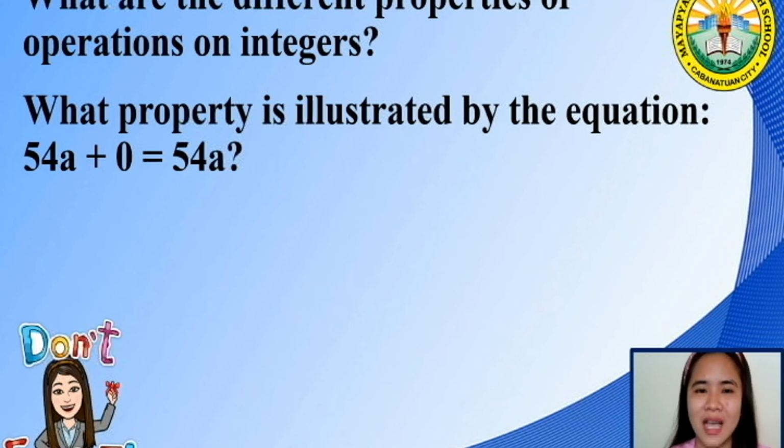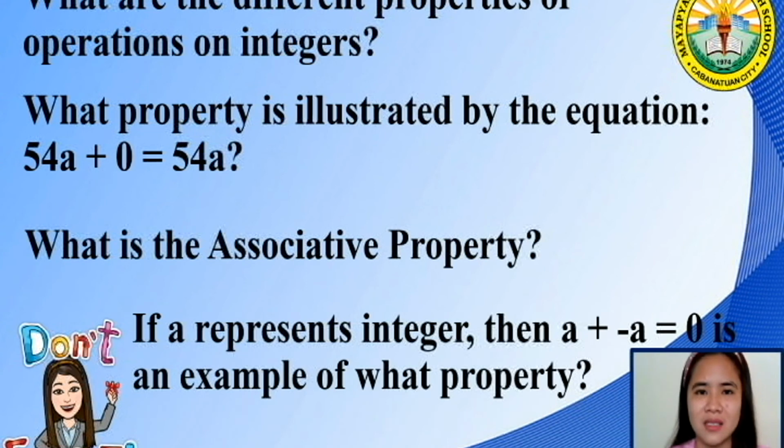The answer is identity property. The next question is, what is associative property? Associative property states that changing the grouping of the addends or factors does not affect the sum or product. Last question is, if a represents an integer, then a plus negative a is equal to 0 is an example of what property? Excellent. The correct answer is inverse property.